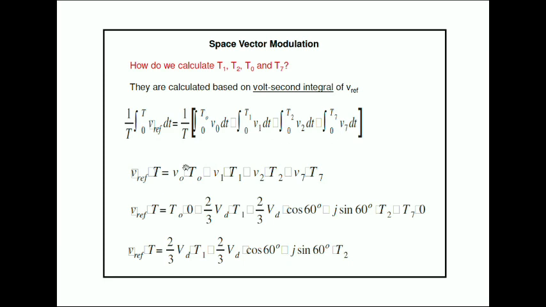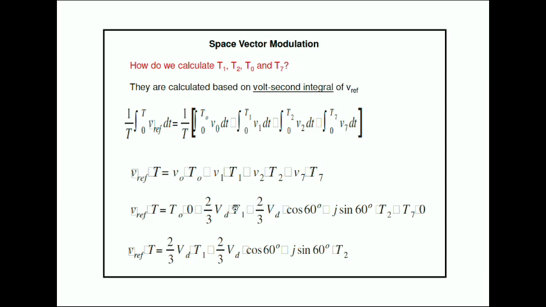So if we are finding this integral, then we will get V reference into T is equal to V0 T0 plus V1 T1 plus V2 T2 plus V7 T7.